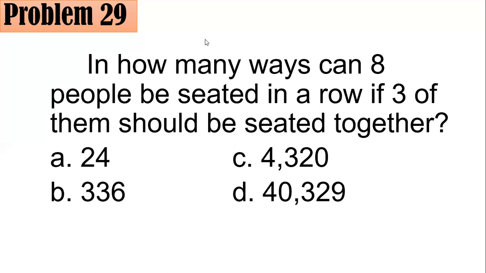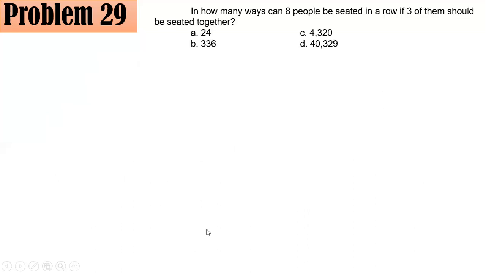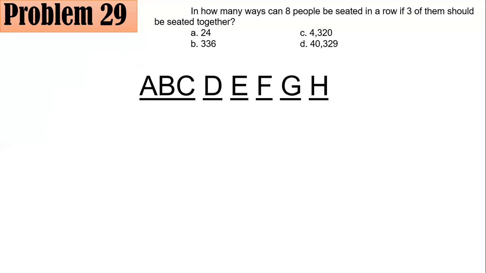Lorenzo, Mr. Garcia, what do you think? There are three people, right? And there'll be 5 extra slots. Those 5 other people you can arrange in 5 factorial ways. Let's say A, B, C are together, so D, E, F, G, H can be arranged in 5 factorial ways, that's 120.